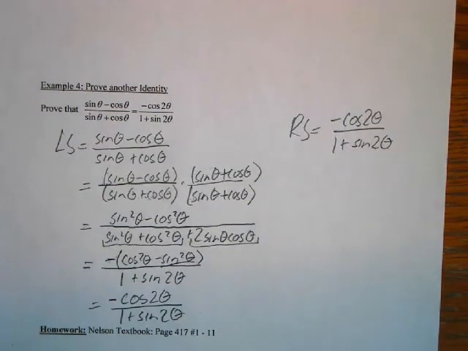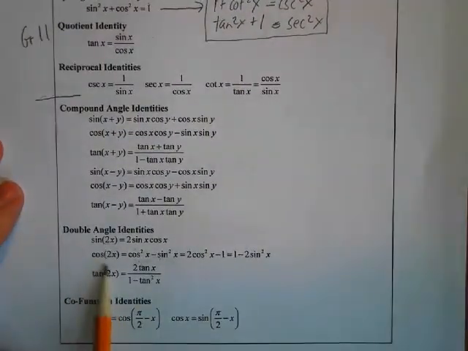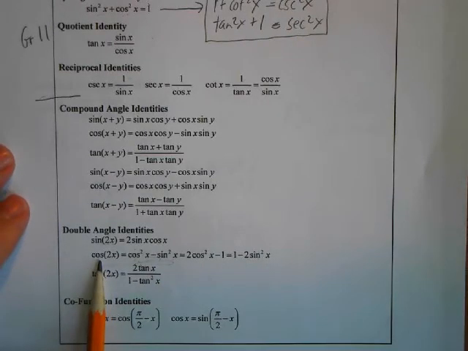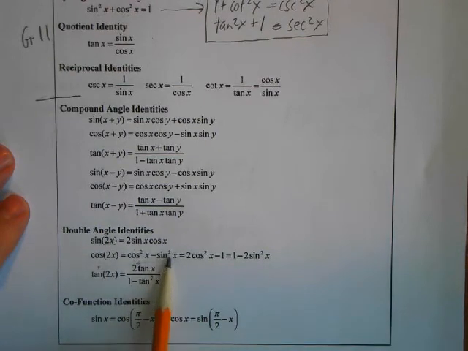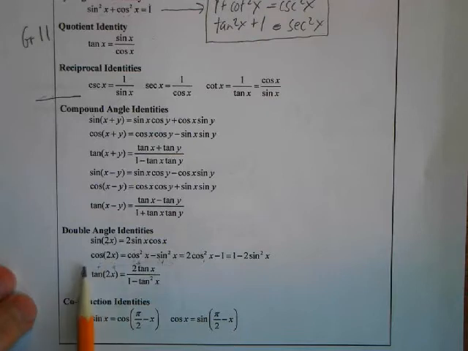One of the most difficult types of questions, if we go back to our formulas here, is something that involves the double angle formula for cos. Because remember, we've actually got 3 different formulas for it. So a lot of times when you see a cos 2 theta or cos 2x in the formula and you want to change it, the question is, well, which one should we change it to?